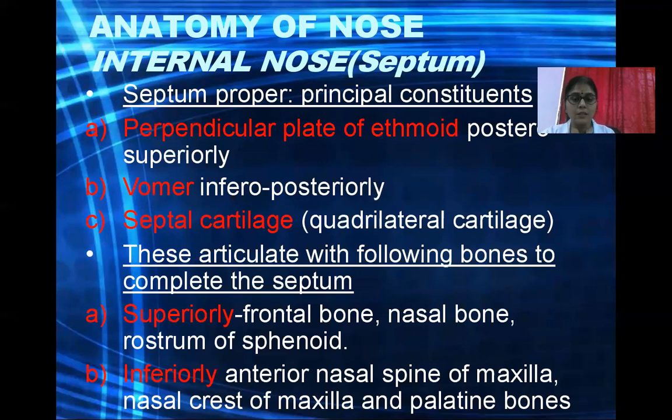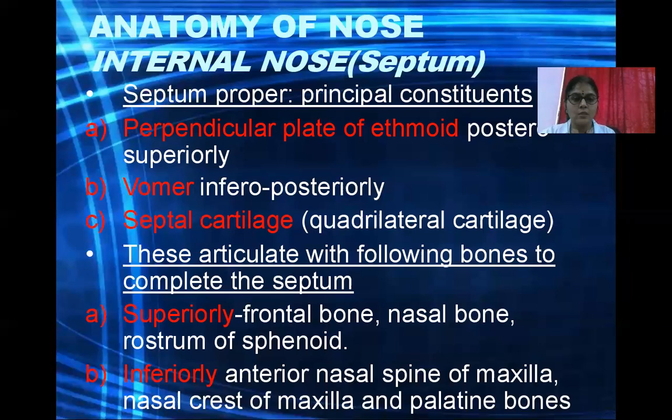The minor contributions: these principal constituents articulate with the following bones to complete the septum. Superiorly, the frontal bone, nasal bone, and the rostrum of the sphenoid. Inferiorly, the anterior nasal spine of the maxilla, the nasal crest of the maxilla, and the palatine bones.